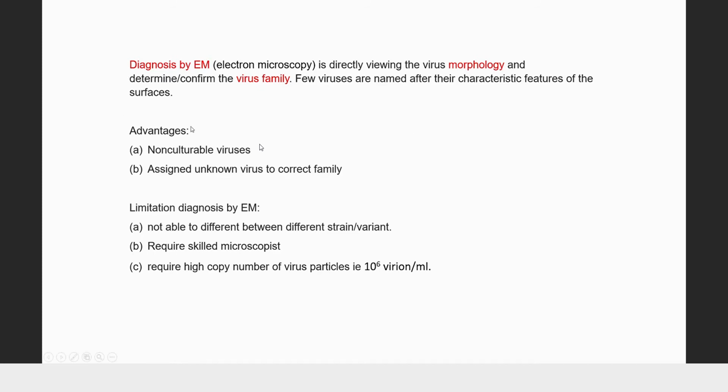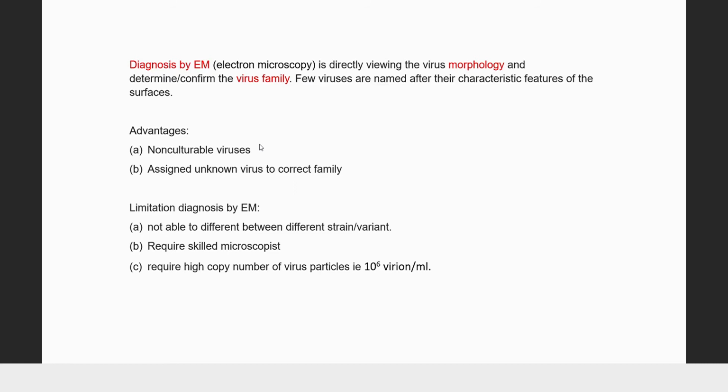So what are the advantages of EM? For some disease diagnosis, EM is very useful when we are working with a virus that is not able to be cultured. There are some viruses causing disease, but when we take the sample and put it into a cell culture, they are not able to induce CPE.